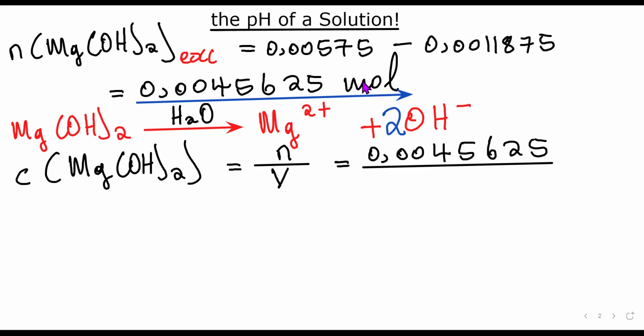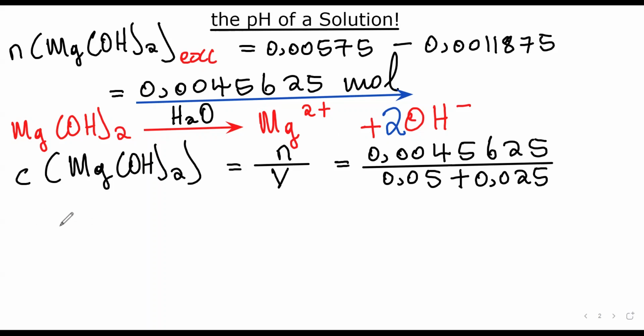It's the volume of what? The volume of the solution. Very important. And we know that in the solution, we have both magnesium hydroxide and the nitric acid. So the volume of magnesium hydroxide is 0.05, and the volume of nitric acid is given to us as 0.025. Very, very significant.